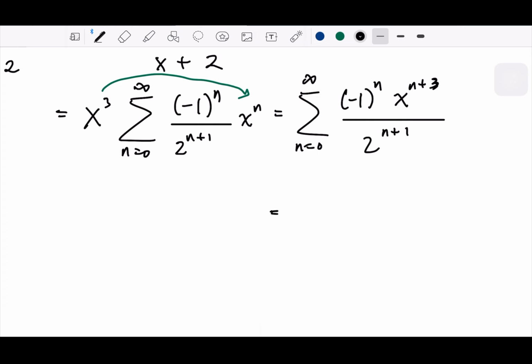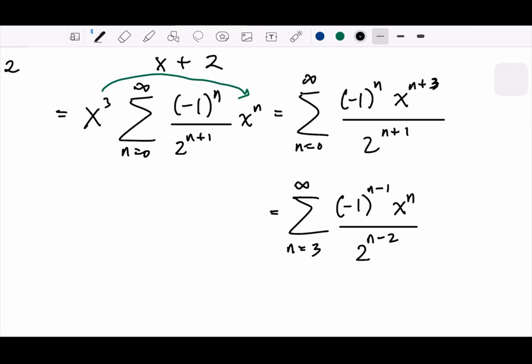Okay, so we can have the sum from n equal 3, for example, if you like, and because this is 3, maybe we have to make it into an even number for n minus 1, and then this one will be x with power of n, and we can have this as n minus 2 to make it equal 1.